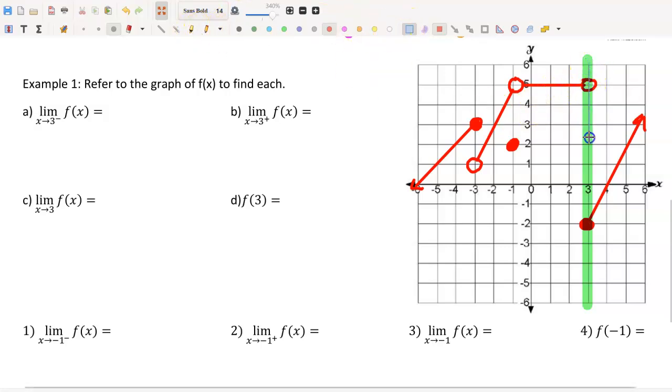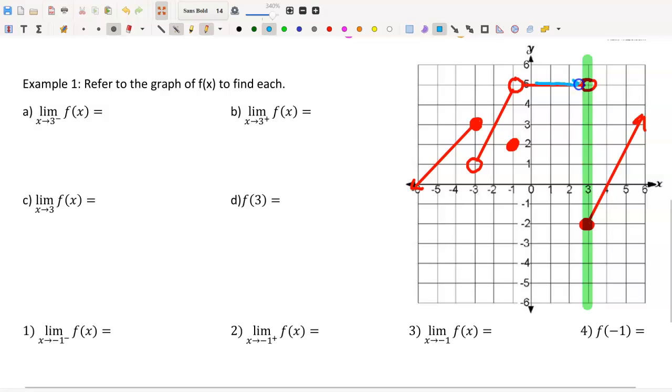We're really ignoring everything else over on the right-hand side and asking ourselves, what happens if we just get close? Only from the left-hand side.